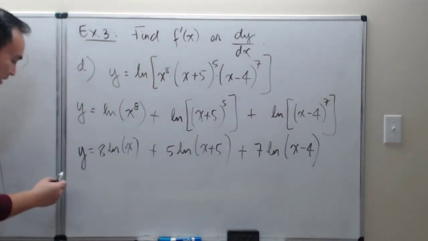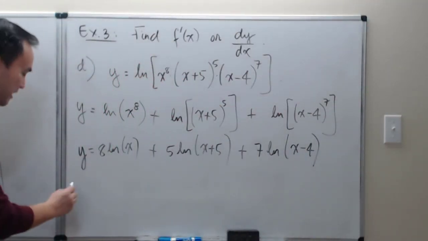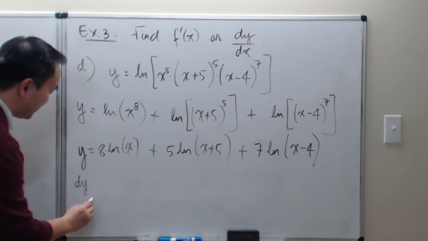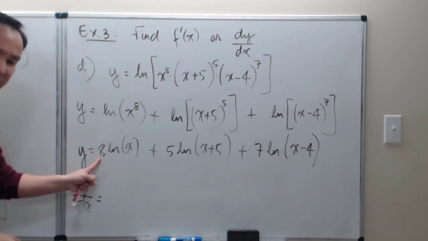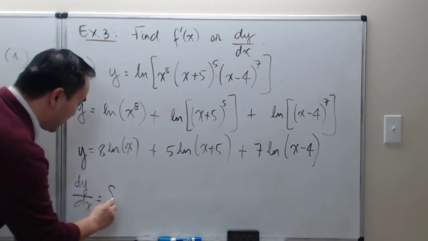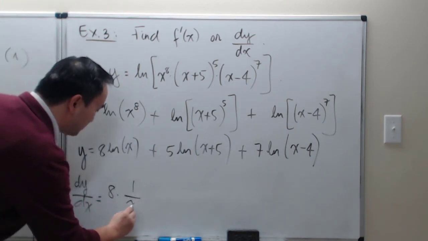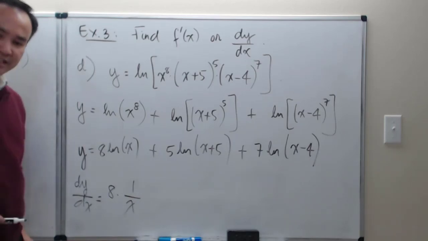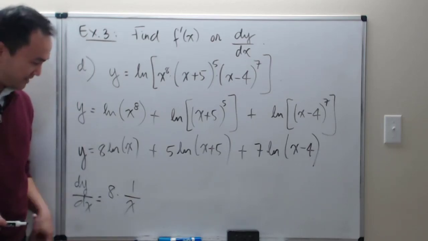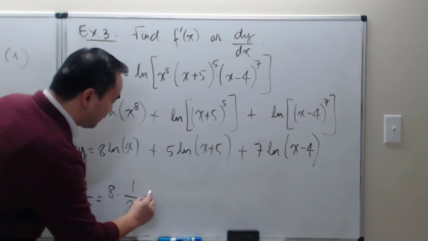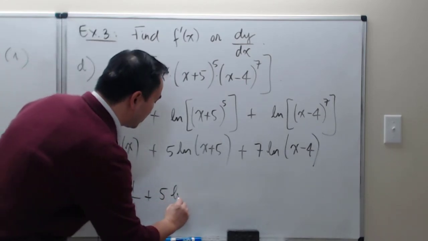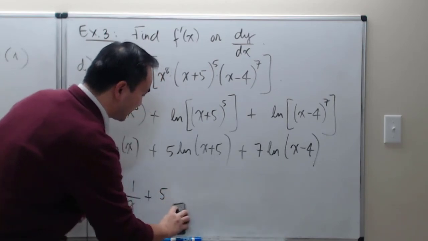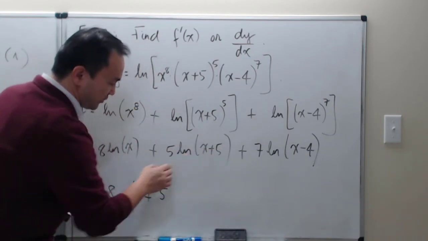And so now I have enough space to kick in my actual derivative work here. So dy dx now is going to be, first term, that 8 is only a coefficient. So now we're looking at 8 times 1 over x. Surprisingly, we're done for the first term. Okay. Next term, notice how the 5 is a coefficient, so keep it there. 5 times the derivative of natural log.